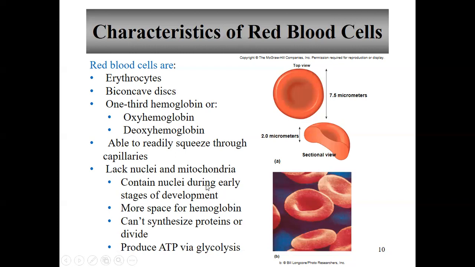Red blood cells do have a nucleus early in development, but once the cell has matured, the nucleus disintegrates and leaves the cell. So side note, if you are looking at a blood cell count and you notice that there are red blood cells that have a nucleus in them, then you know that something is going on with that person, because the body is sending immature red blood cells to the bloodstream for general circulation.